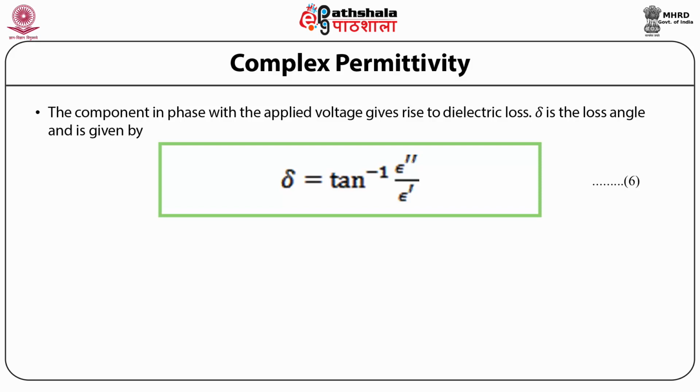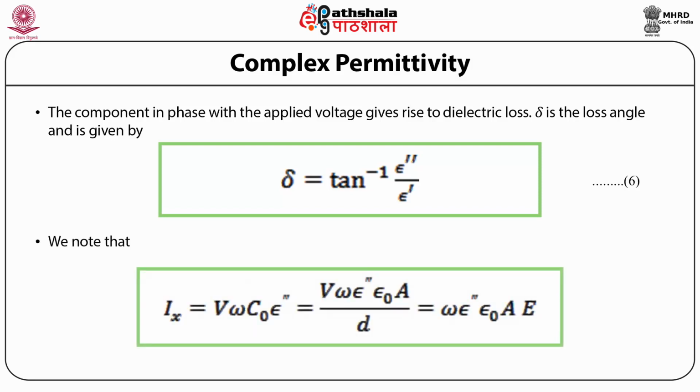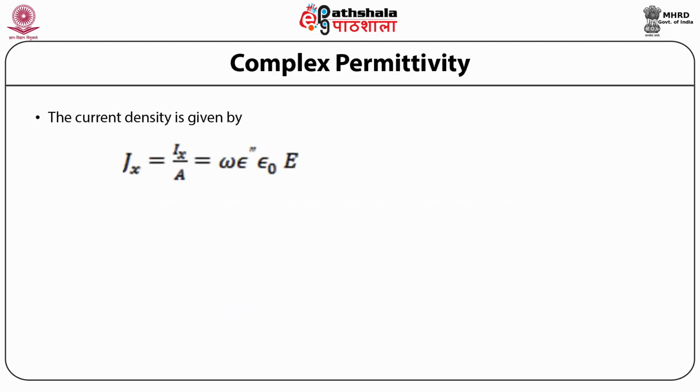To complete the definition, we note that Ix = V omega C0 epsilon double prime = V omega epsilon double prime epsilon 0 A/d = omega epsilon double prime epsilon 0 A E. The current density is given by J = Ix/A = omega epsilon 0 epsilon double prime E.